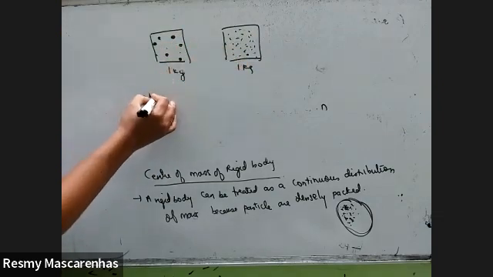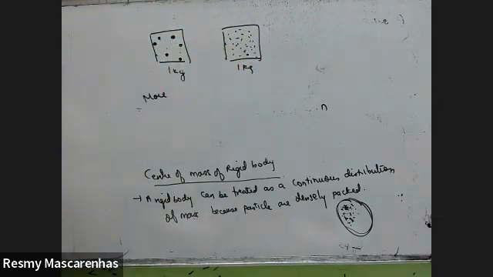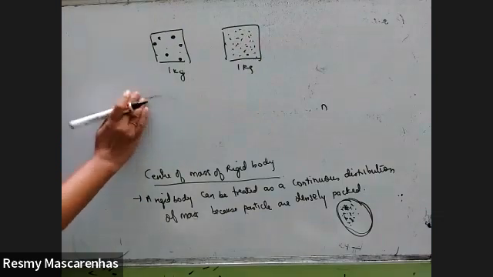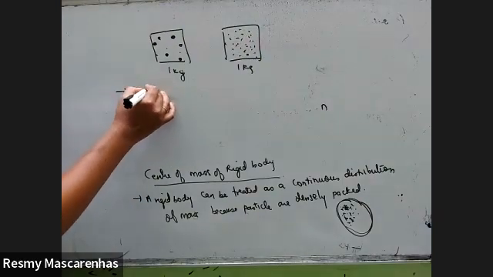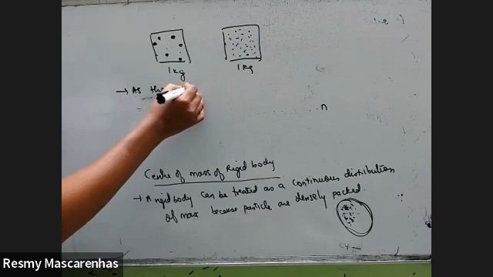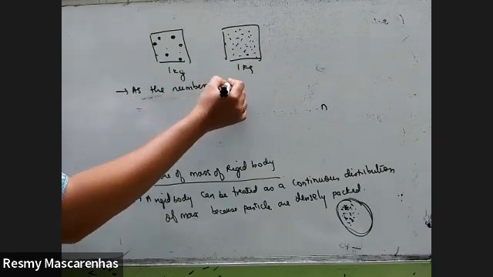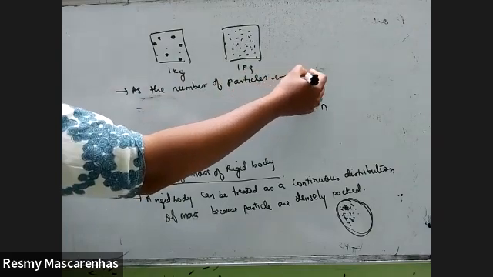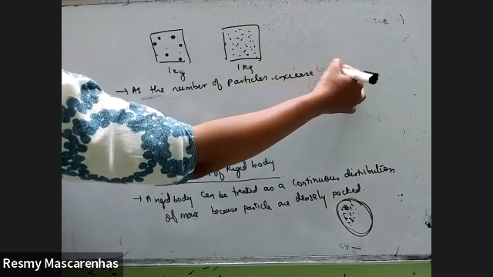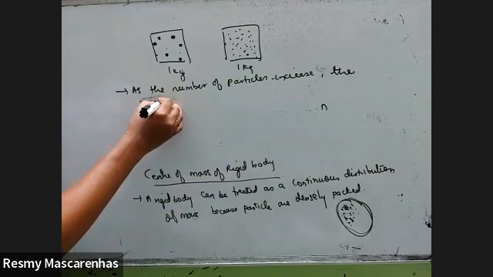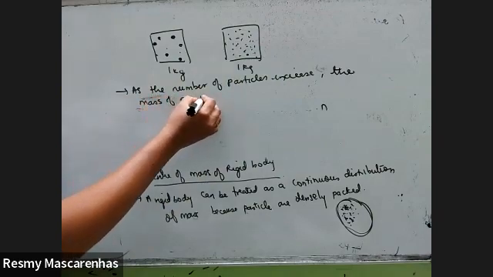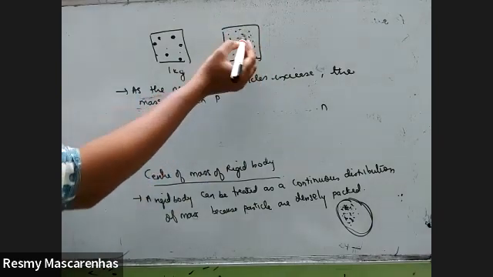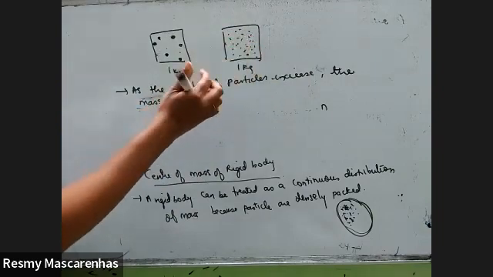But what will happen? As the number of particles increases, the mass of each particle will reduce. More the number of particles, the mass of every particle will be small.